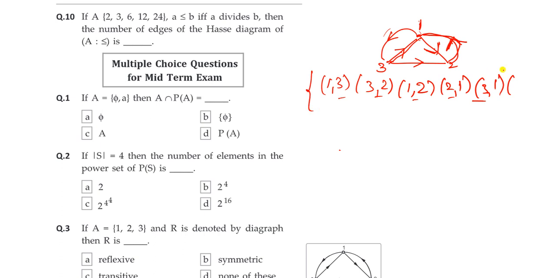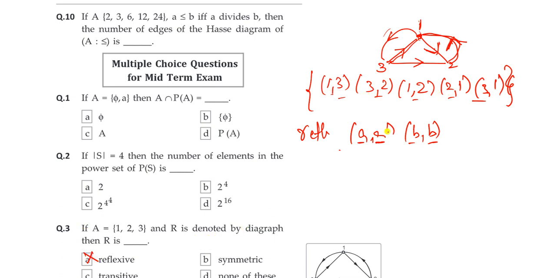So from these, can you find out whether it is reflexive, symmetric or transitive? Tell me. So reflexive means what? What is the condition for reflexive? The domain and codomain should be the same, with self loops: 1, 1, 2, 2, 3, 3 should be there, but those elements are not there, so it is not reflexive.